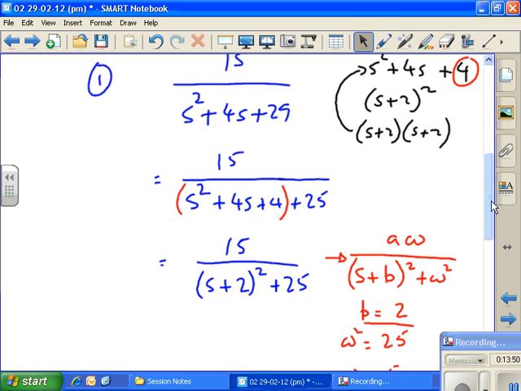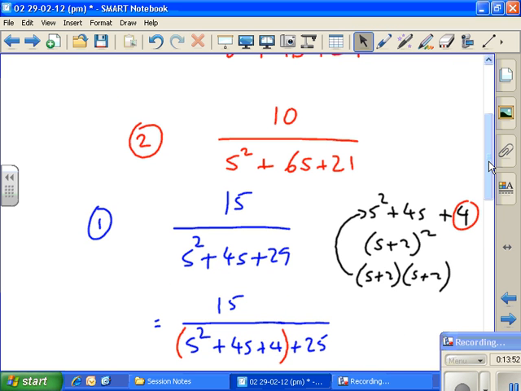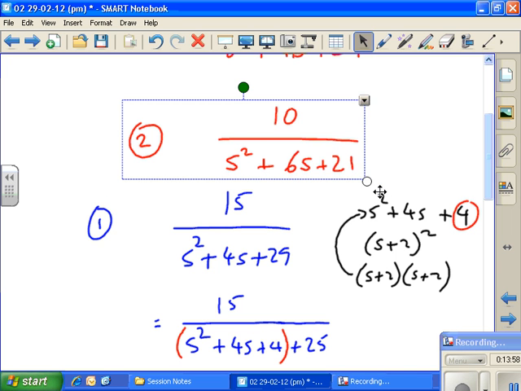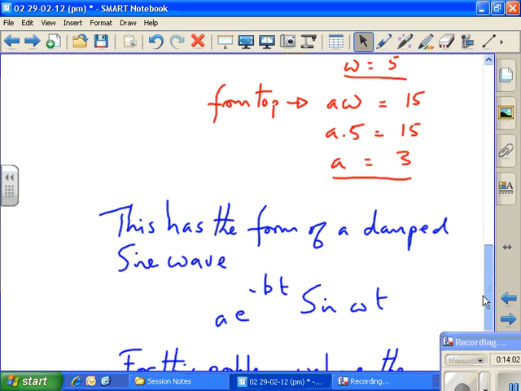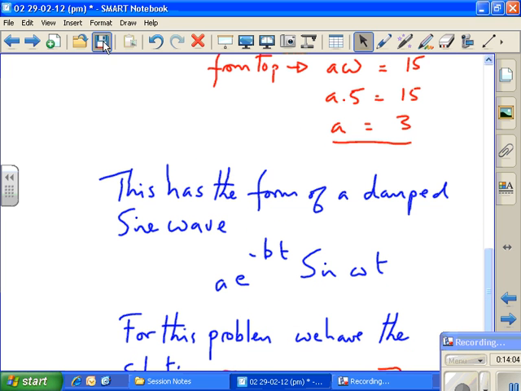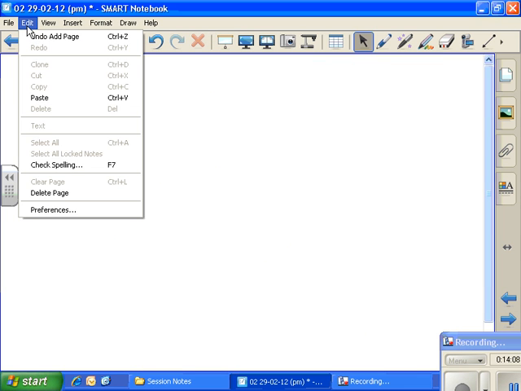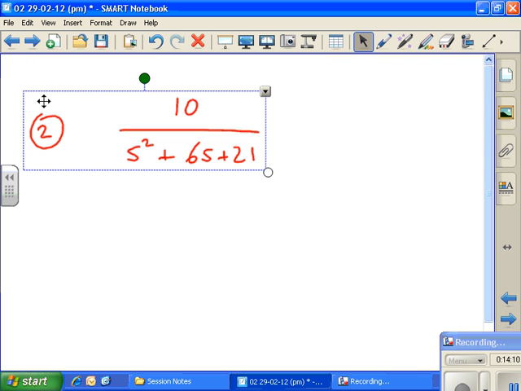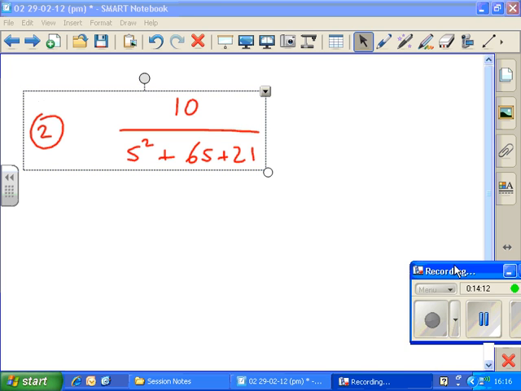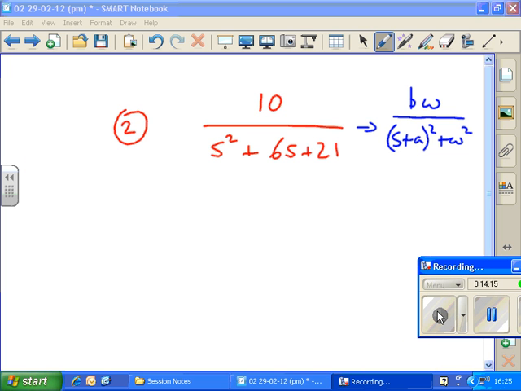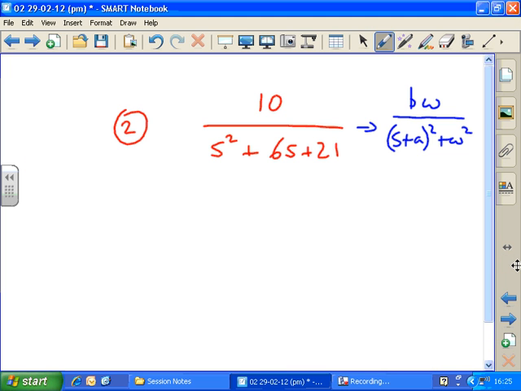Okay, I'd like you to have a go at number 2. So I need to form the perfect square.